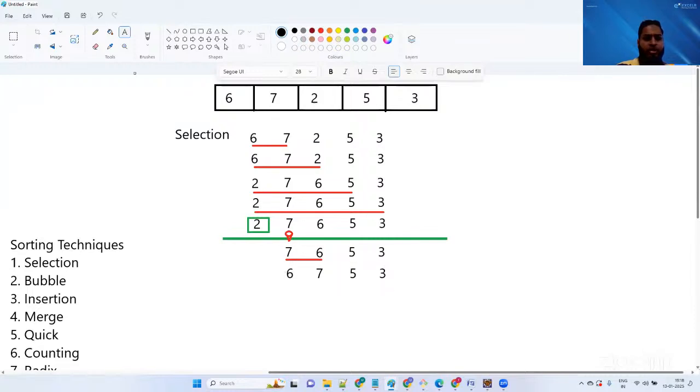Next, what will I compare? 6 with 5. Do I need to swap? Yes. So 5 comes over here and 6 goes over here. Remaining numbers at the original place. 7 at the original place and 3 at its original place. Okay.